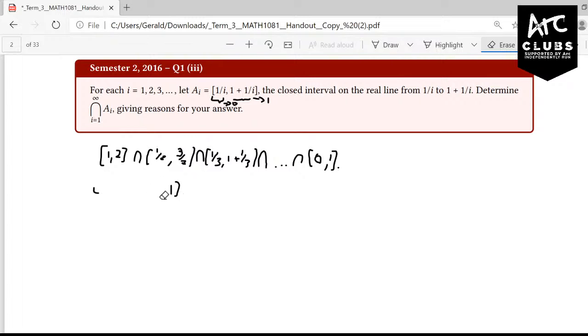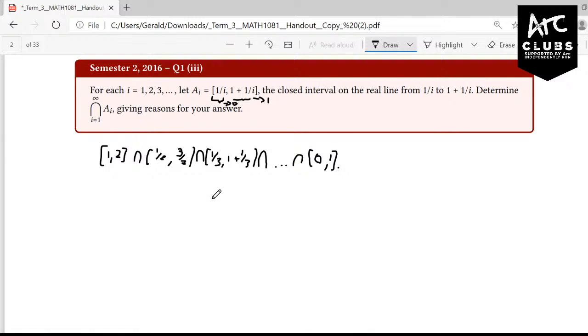Okay, so when you take i to go to infinity, you'll end up with (0, 1]. The idea is that now you want to take the most restrictive region. You want to take all of the elements that are visible in this interval, and this interval, and this interval, and this interval here.